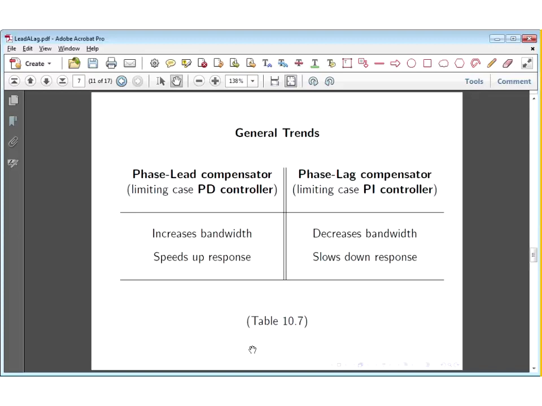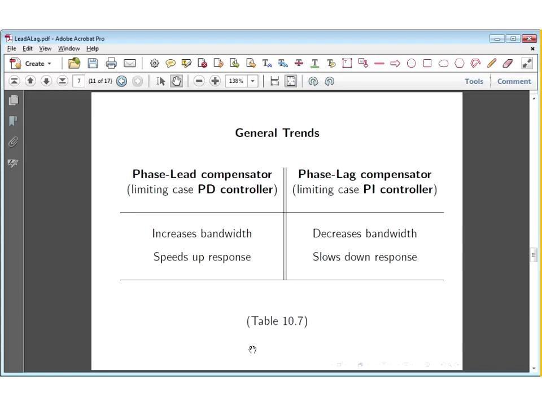It's not to be disputed what is mentioned in the table, but you can argue that all the properties that are heaped on for the praise of one of these compensators, if you look at the design procedures, you can say, well, the other compensator can actually do the same. And that really makes it a little bit difficult to decide when will I design a phase lead compensator or when will I design a phase lag compensator, because I can really do the same, generally speaking, with either of them.